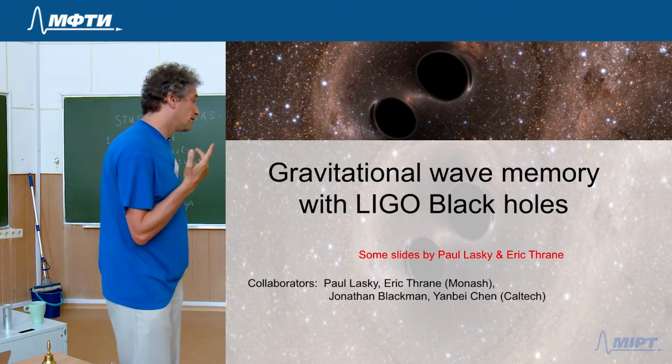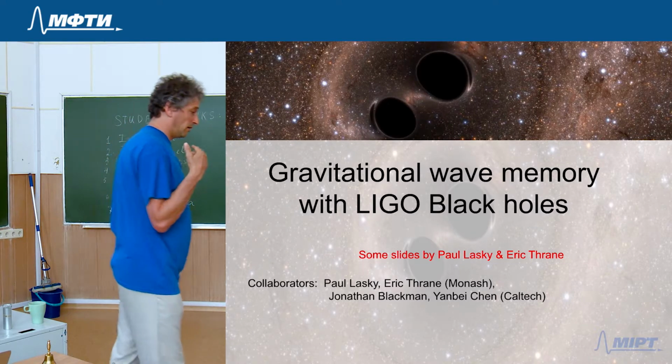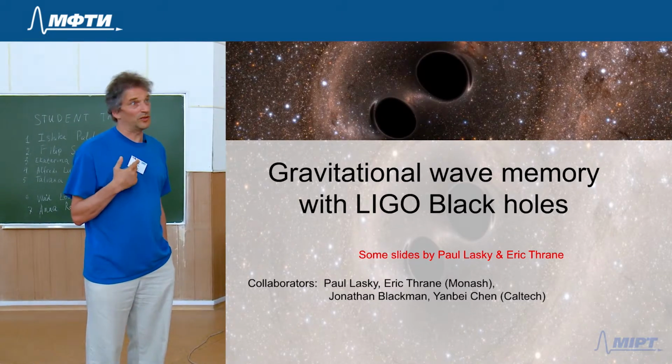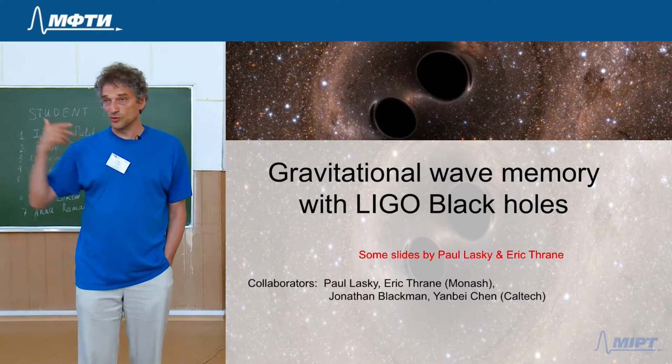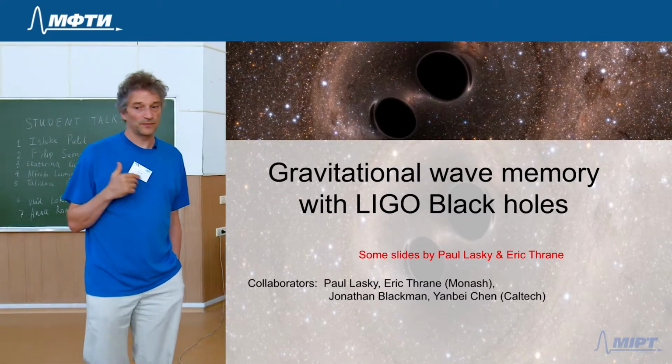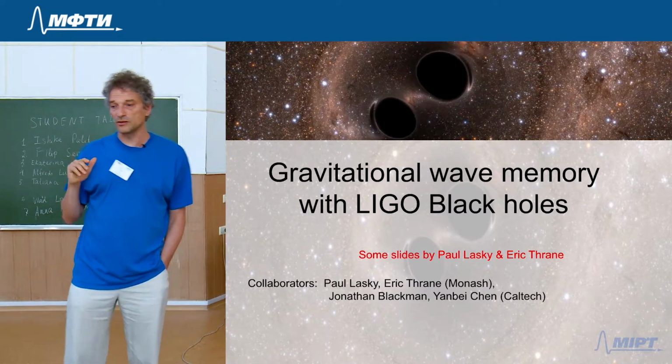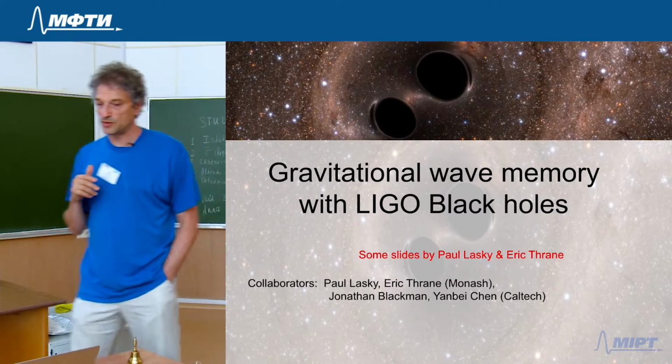But I think people are now realizing that there is real hope to see gravitational wave memory and to measure it using both LIGO and probably LISA, and a little bit less likely using pulsar timing arrays. So these are gravitational wave experiments.